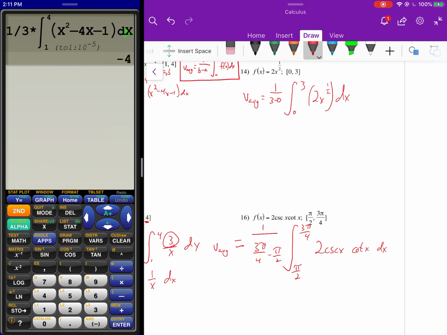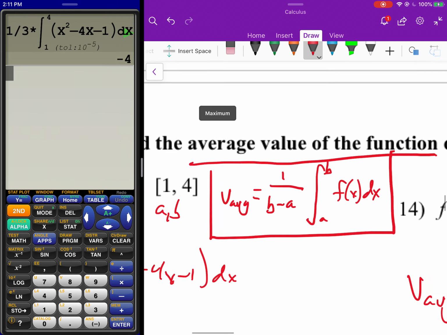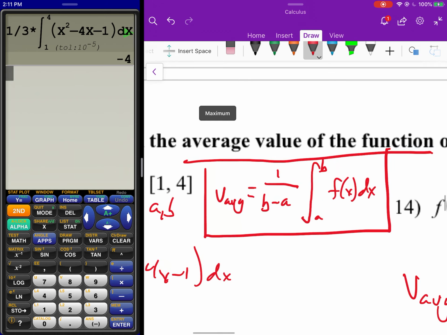And this is like 3/4 minus a half, so it's a quarter. So 1 over a quarter pi, which is 4 over pi if you simplify it, and then you could plug that into your calculator. And that's how you do those last 4. Nice and simple, as long as you know how to find the average value using that idea right there.